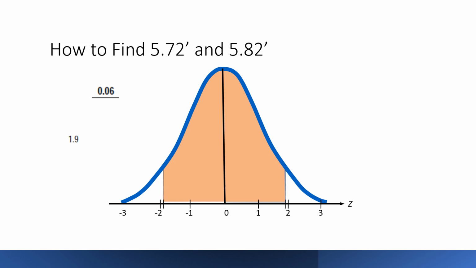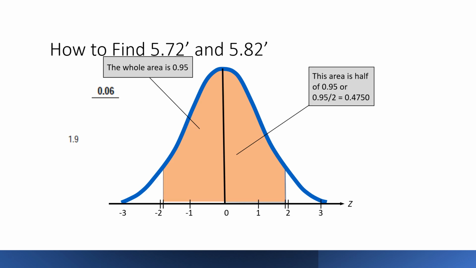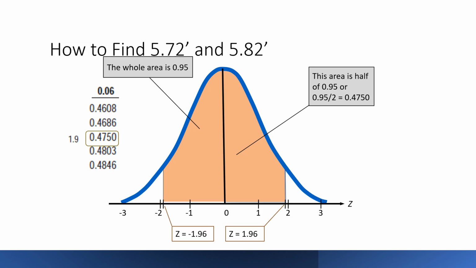So in the z table, we're going to look for 0.475, and that value belongs to 1.96. And since we need to have mirror images, that results in our lower boundary being negative 1.96 and our upper boundary being positive 1.96.